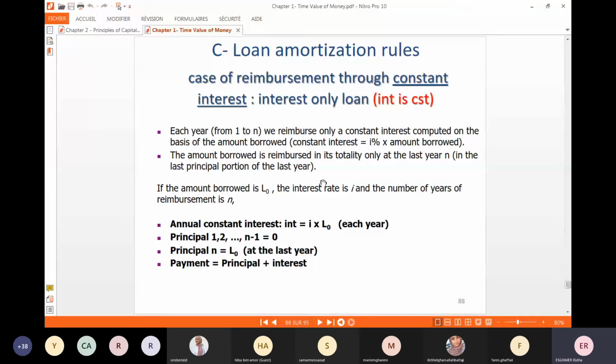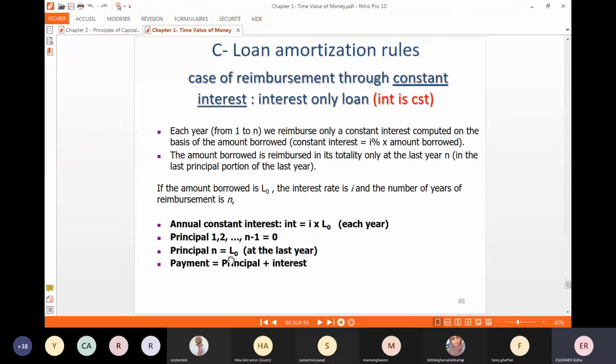We don't reimburse any principal portion, and the amount borrowed is reimbursed in its totality only at the last date, the last period, in the last principal portion. So the constant interest is I times L0, as we said. Principal from 1 until n minus 1 is 0, and the last principal portion is equal to L0. Of course, the payment is always the same, principal plus interest, regardless of the modality of reimbursement.